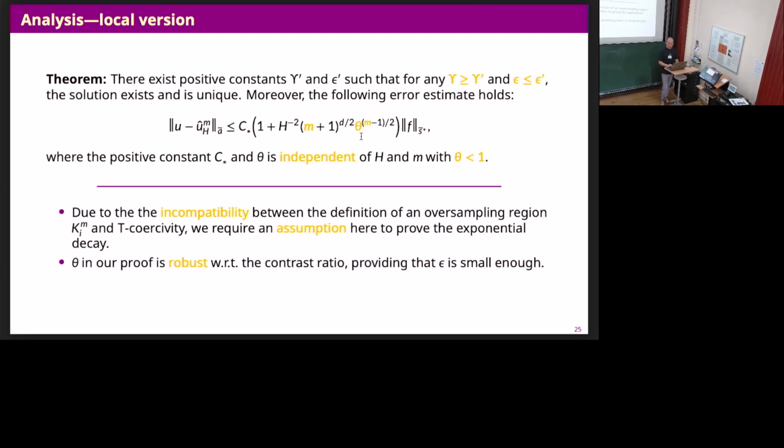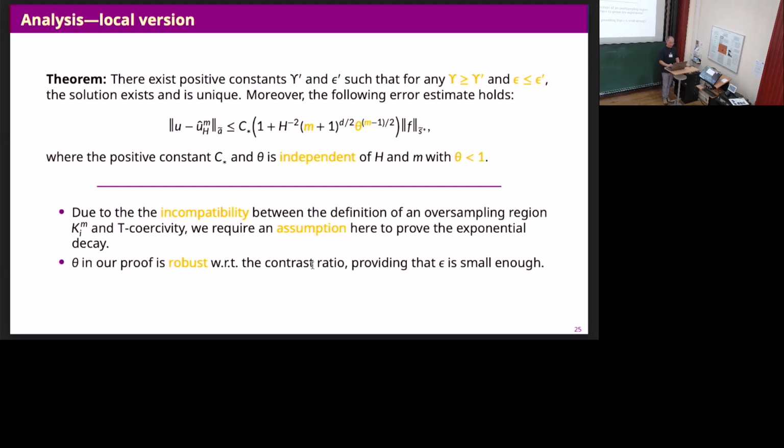You see that there's a constant theta that appears here, and this number theta is between 0 and 1, and it is independent of the mesh size h and also independent of the layer width m. This condition also tells you that you have to take m large enough so that this part of the term here is small enough.